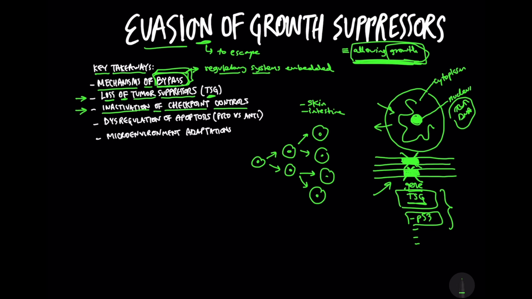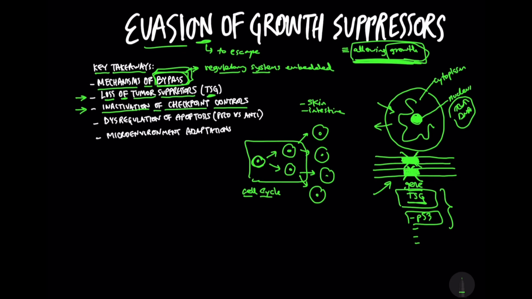But to undergo this, let's consider just one cell dividing. There are many different checkpoints regarding this cell cycle. There is the G1, the S, G2, and the M phase.